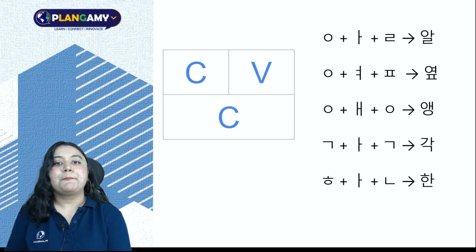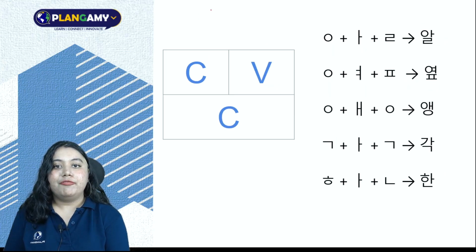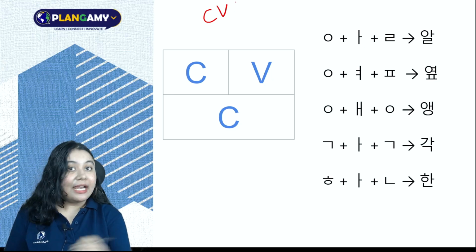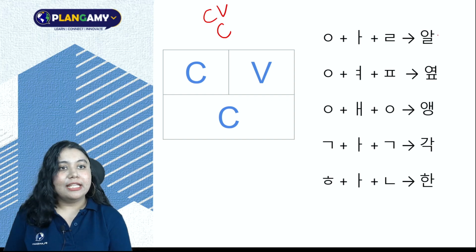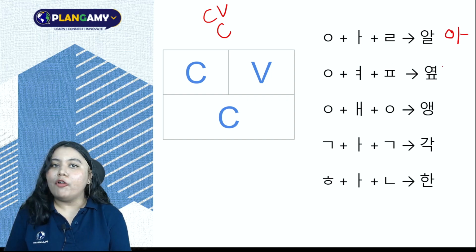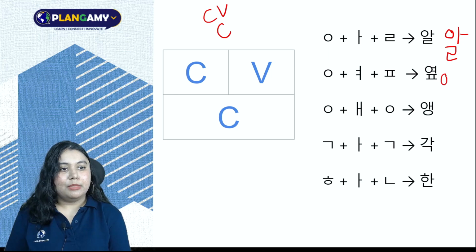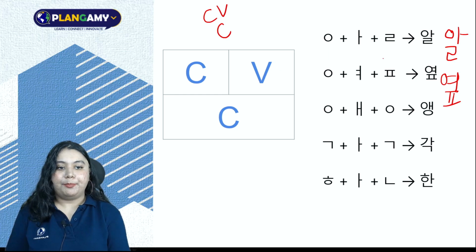Next pattern we have consonant and vowel beside each other on top of another consonant. Let's try forming this syllable. Consonant, vowel on top of another consonant. A, I. Similarly, consonant, vowel over a consonant, yop.